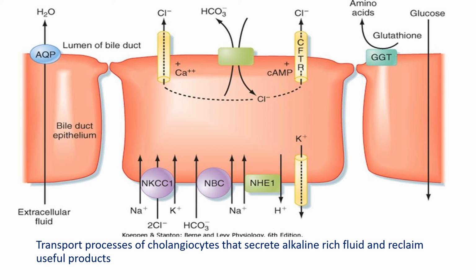This is the transport process of the cholangiocyte that secretes alkaline-rich fluid and reclaims useful product. With these aquaporins, they add more and more water in the lumen. This is the apical side, which is towards the lumen, and this is the basolateral side, which is towards the blood or extracellular fluid. In this way, it adds more bicarbonate and water in the lumen.